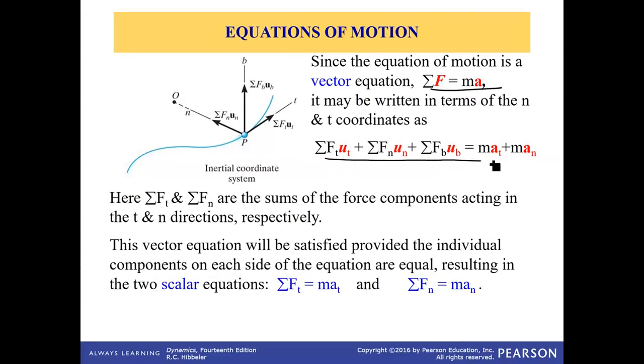It can be written as components of normal, tangential, and binormal forces, and then we can separate this into three scalar equations: the sum of forces in tangential direction is equal to mass times tangential acceleration, the sum of forces in normal direction is equal to mass times normal acceleration, and the sum of forces in binormal direction is equal to 0, because there is no acceleration in the binormal direction. These are our three equations of motion in normal tangent coordinate system. In the next video, we'll solve a problem using these equations.